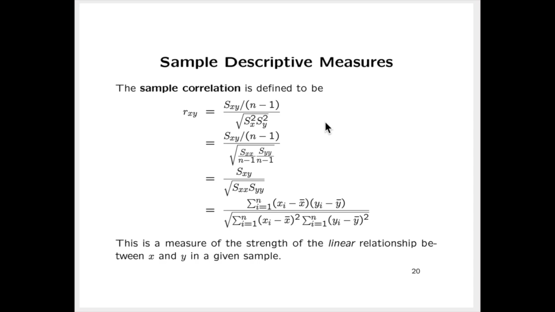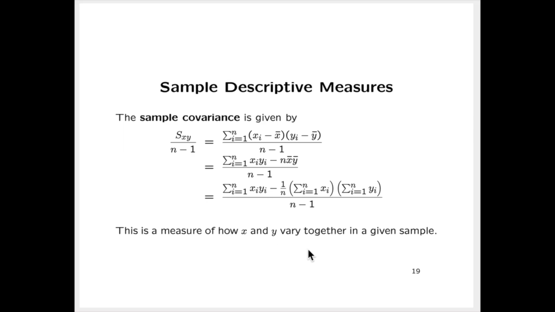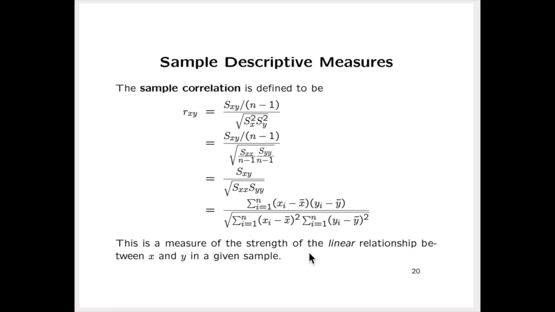So the sample correlation gives us another measure of how x and y vary together, as the sample covariance did, but it has the advantage of not depending on the units of the data. And so with the sample correlation, you can change the units of either your x's or your y's, or both, and it's not going to affect numerically the value of this sample correlation.